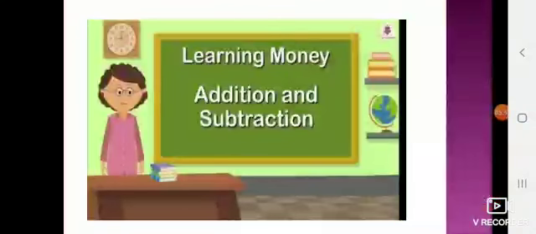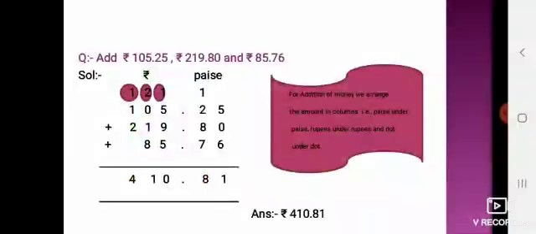Let's start with the next topic, and our next topic is addition and subtraction of money. For adding and subtracting money, we'll arrange the amounts in columns. We'll write down rupees under rupees and paise under paise, the way we did in decimals, right? So here we have to add 105 rupees and 25 paise, 219 rupees and 80 paise, then 85 rupees and 76 paise.